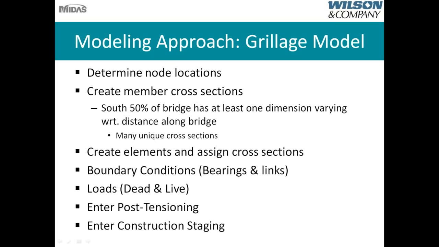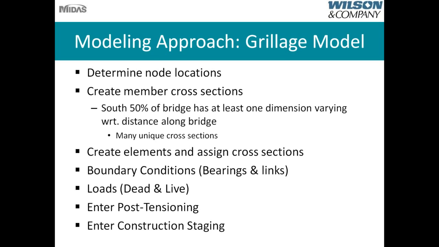So the modeling approach. First model created was the Grillage model. First step was to determine the node locations. Next is to create member cross-sections. The south half of the bridge has at least one dimension varying with respect to distance along the bridge. As a result, there were many unique cross-sections. The next step was to create elements and assign cross-sections to the elements. Then the boundary conditions could be put into place.